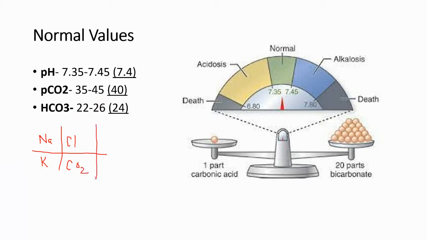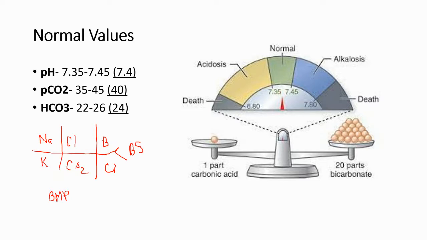We get the BUN and the creatinine, which we'll talk about in the kidney chapter, and then the blood sugar right here, which we'll talk about in regard to diabetes. But for electrolytes that we get in a basic metabolic panel, this is what we're looking at: sodium, potassium, chloride, and CO2. So the cations, the anions.